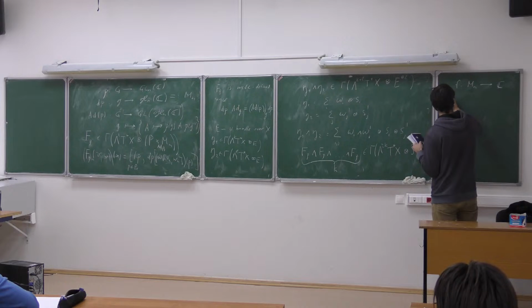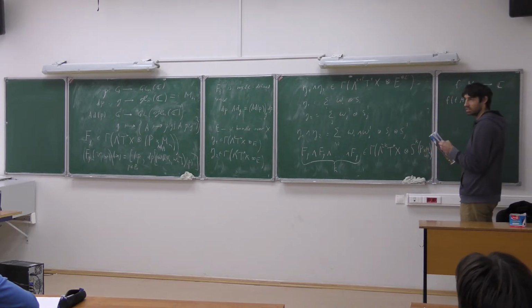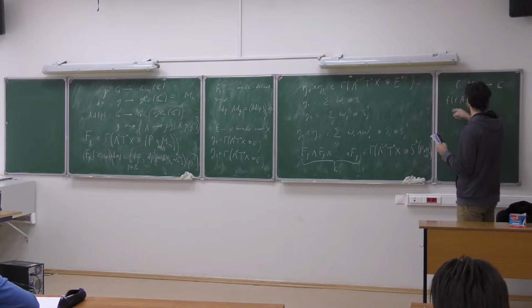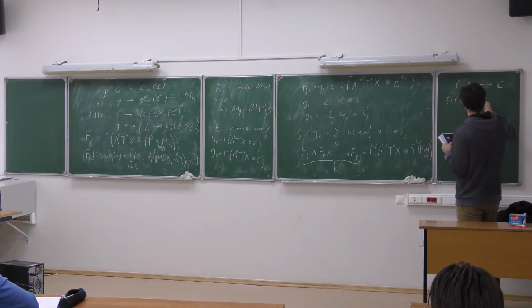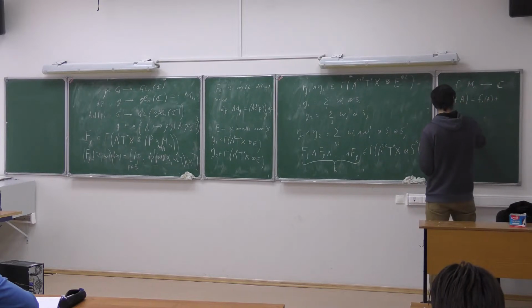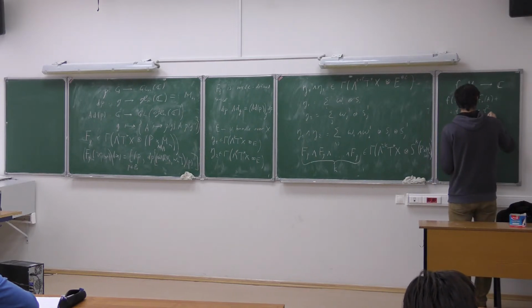So let me take any matrix from here and multiply it by T, and consider Taylor series of this with respect to T. So this will be something like F0 of A plus T times F1 of A plus T squared over 2 F2 of A, and so on.